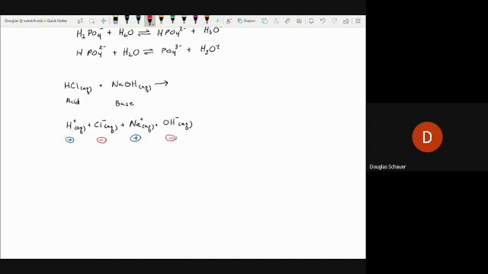Okay, so the H and the Na can swap places. So what we wind up with then is HOH, which is just a funny way of drawing water. Plus sodium chloride.